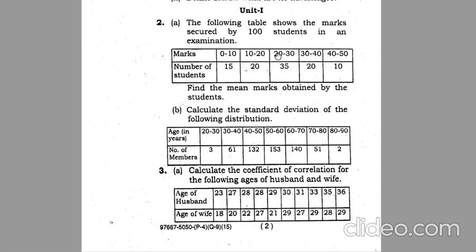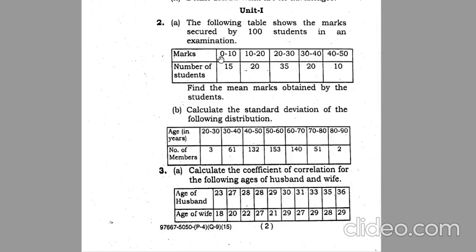Now second, find mean marks obtained by the students. This 100 is your total number of frequency. Marks is given. First column is given, second column is given, and third you will find your middle value. That means 0 plus 10 divided by 2, 10 plus 20 divided by 2, 20 plus 30 divided by 2, and so on, 40 plus 50 divided by 2.